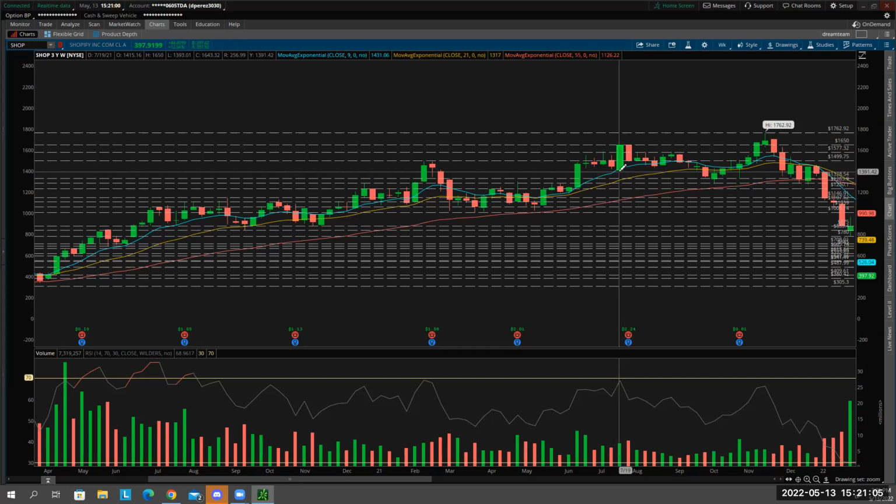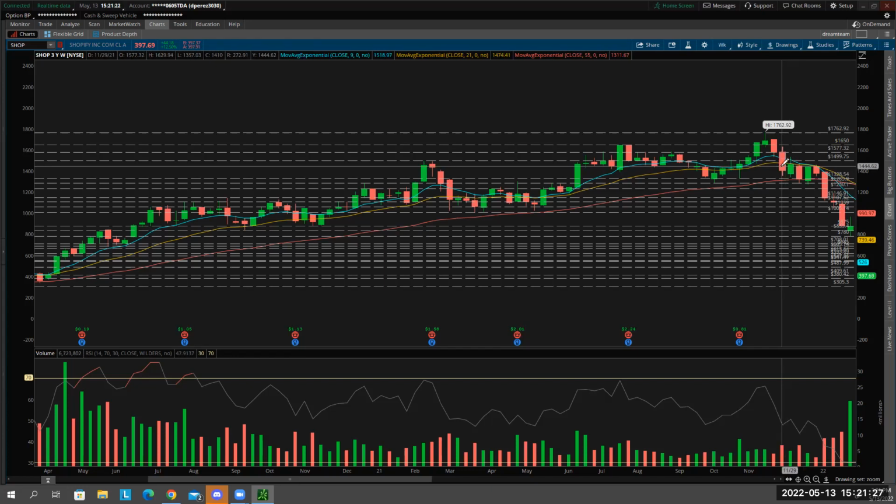Support right here. Open support as well. Close support. Rejection. So we got the high of 1393.67. 1357.03. Oh, sorry. 1577.